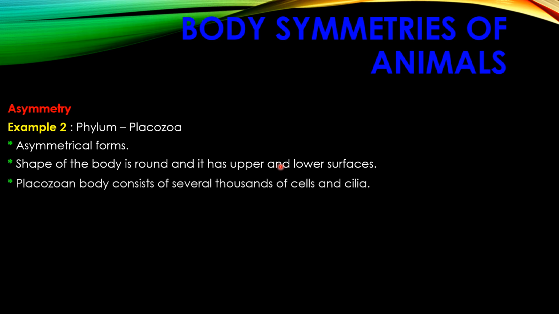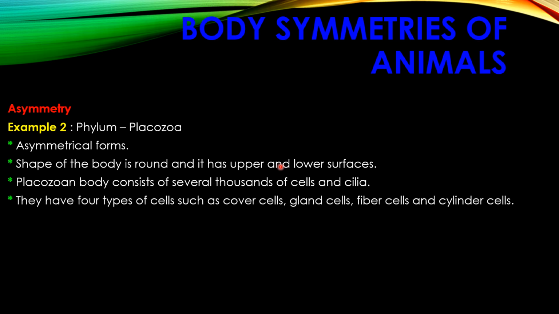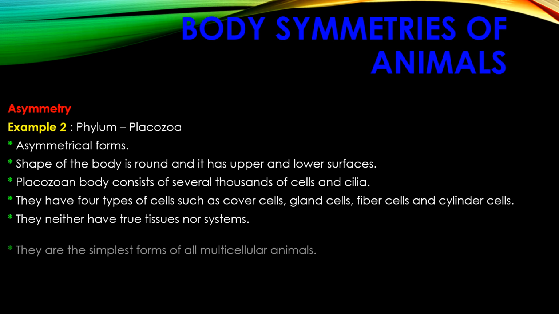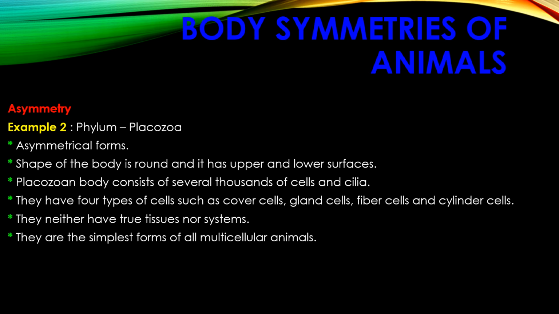Their body consists of several thousands of cells and cilia, and these cells belong to four kinds: cover cells, gland cells, fiber cells, and cylinder cells. Placozoans do not have any true tissues or any true systems. Because of that, they are known as the simplest forms of all multicellular animals.